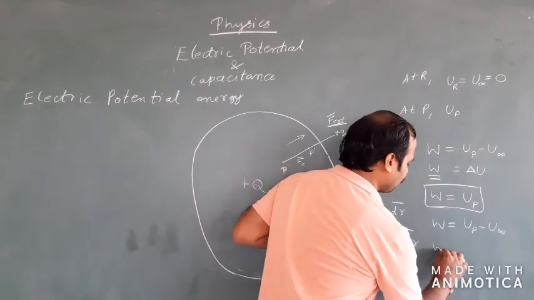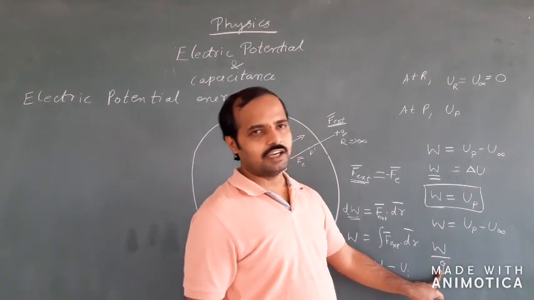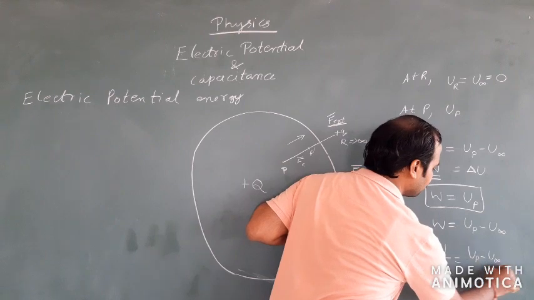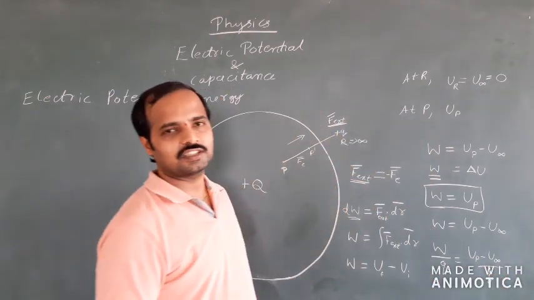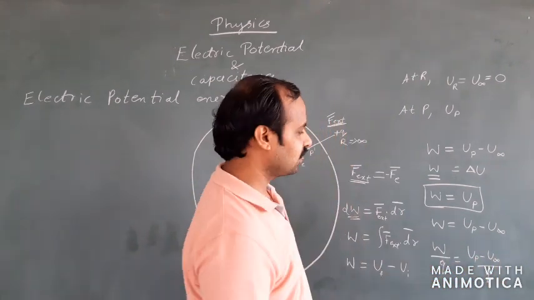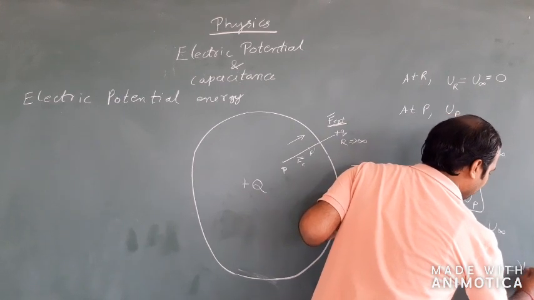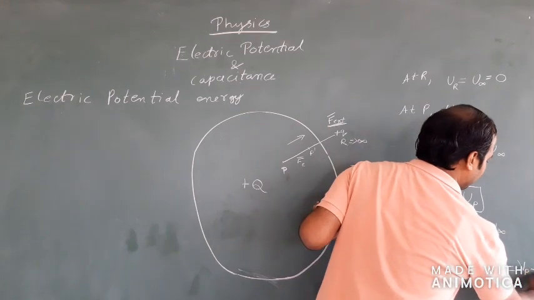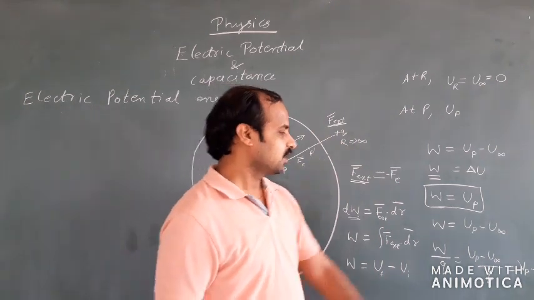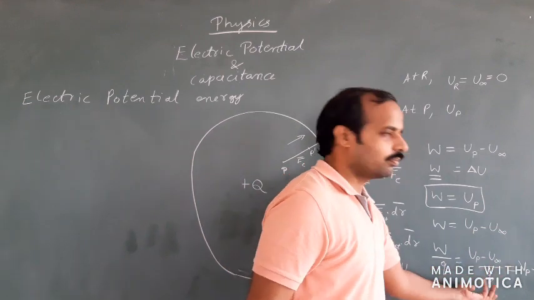This same amount of work done per unit charge, that is, the work done divided by the test charge, UP minus U infinity divided by Q, where Q is the magnitude of the test charge, gives us a separate quantity which we call the electric potential, VP minus V infinity, that is VP here. So this new quantity, electric potential, is nothing but the change in potential energy per unit test charge.